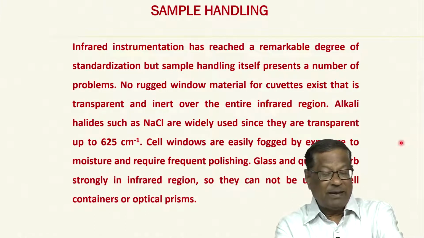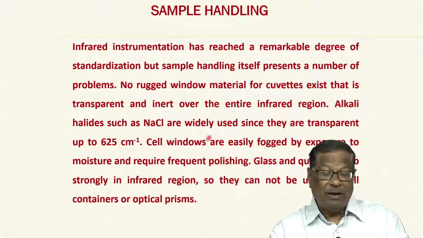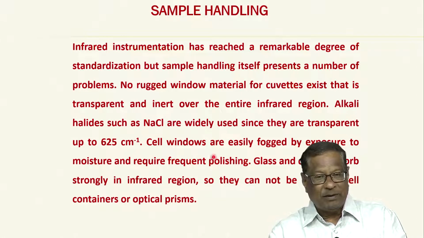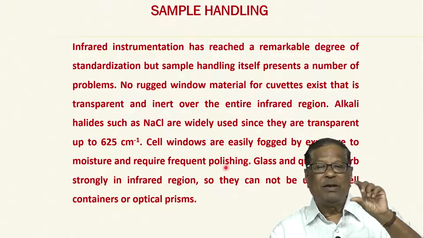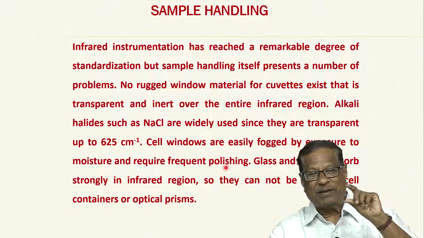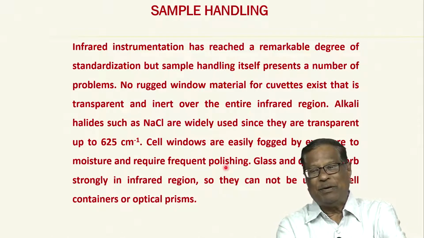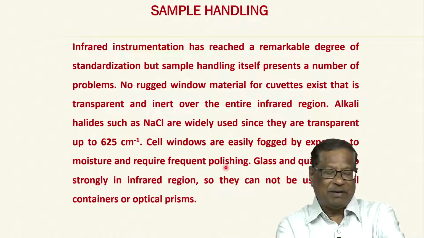Among these, alkali halides such as sodium chloride are widely used, since they are transparent up to 625 centimeters inverse. That means from 4000 to 625 centimeters inverse, you can make a cuvette of sodium chloride crystal. So sodium chloride will not absorb IR radiation and you will get the spectrum.